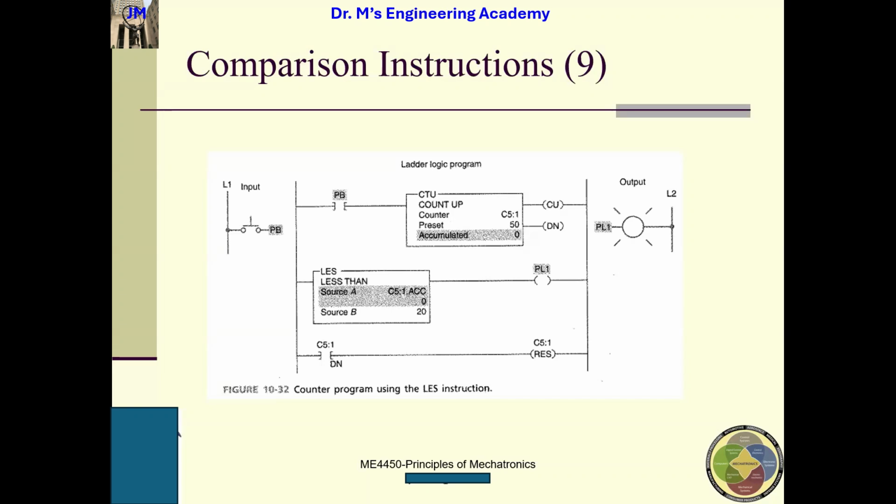You need to know that whenever you want to reset something, you must specify which timer or which counter you want to reset. That means the address. So here, if the counter's ACC is less than 20, I'm going to energize pilot light 1.